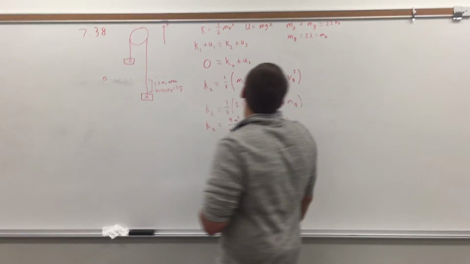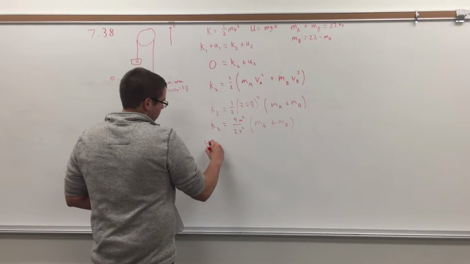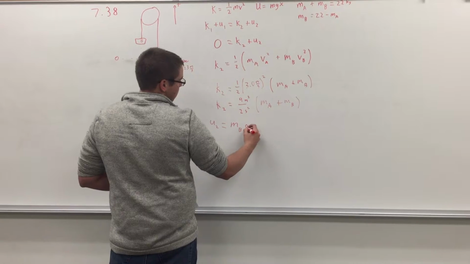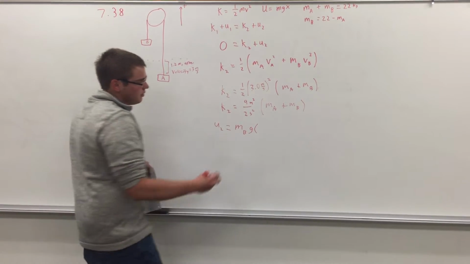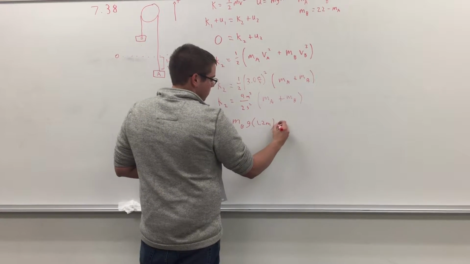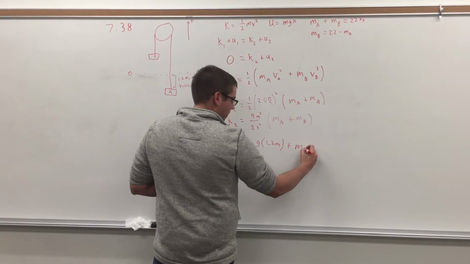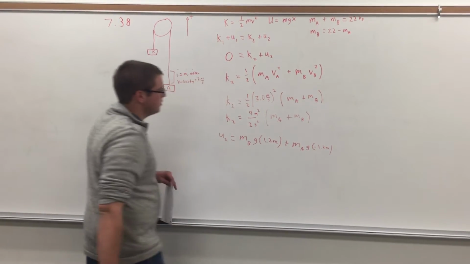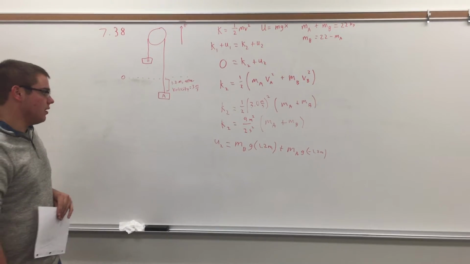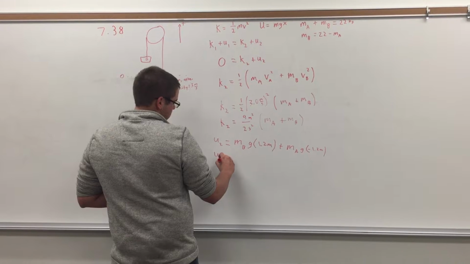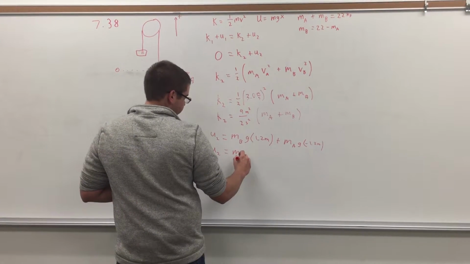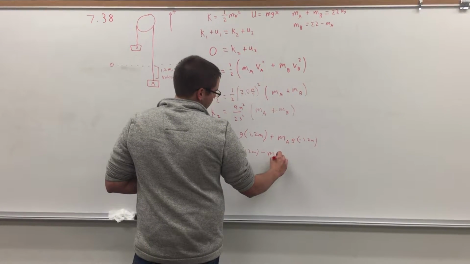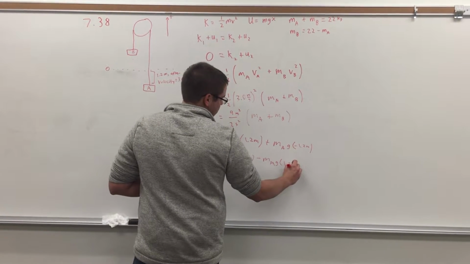So now let's solve for the potential energy. So we're going to get U, and so that's going to be our mass of B times gravity times the x, which in this case is 1.2 meters, plus the mass of A times gravity times negative 1.2 meters, because it's moving in the opposite direction as mass B. So what we're going to get is U2 equals the mass of B times G times 1.2 meters minus the mass of A times G times 1.2 meters.